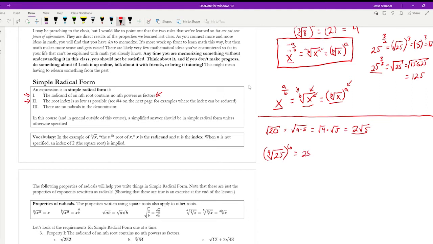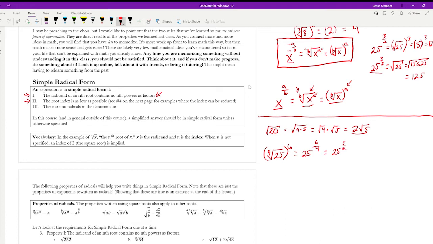So we can rewrite this as 25 and put a 4 in the denominator. And that 6 has to be the numerator. Well, when I look at this, 6 over 4, I know we can simplify that very easily, and it becomes 25 to the 3/2.